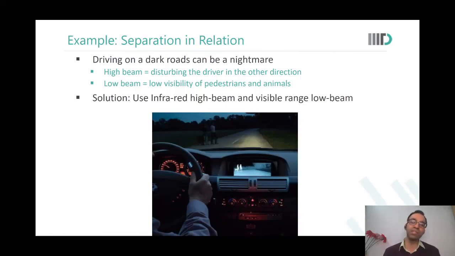So this is separation in relation. I'm able to see the pedestrians also, and I'm not even putting a glare in the other driver's eye. And the inventive principle that we are using over here is phase change, not just phase change, color change.